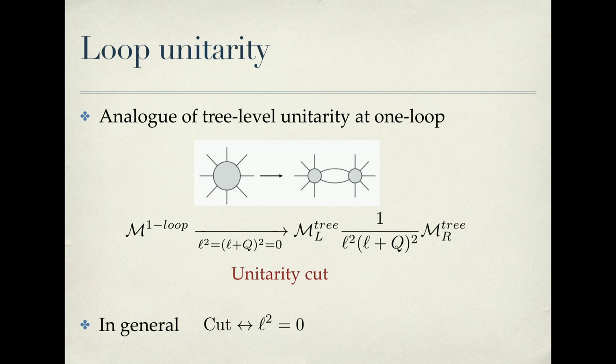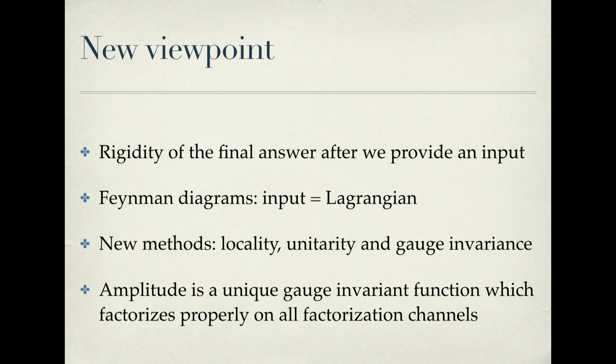And actually, this is the fact setting the propagator to 0. We normally call it cut, because we kind of cut the propagator. It's on shell now. And this is the statement of unitarity cut. But there is an iterative procedure how to continue and obtain higher cuts.